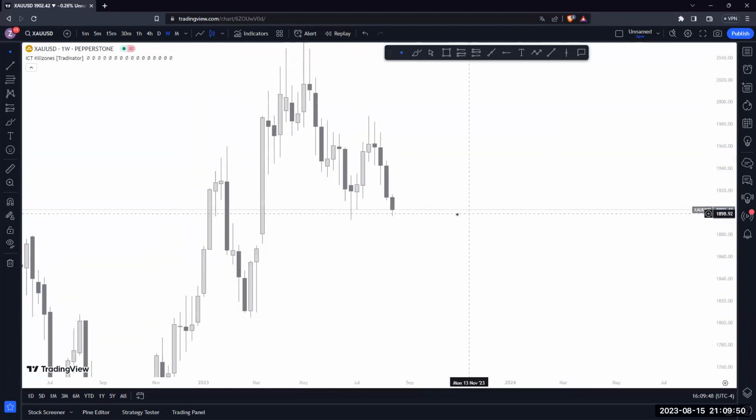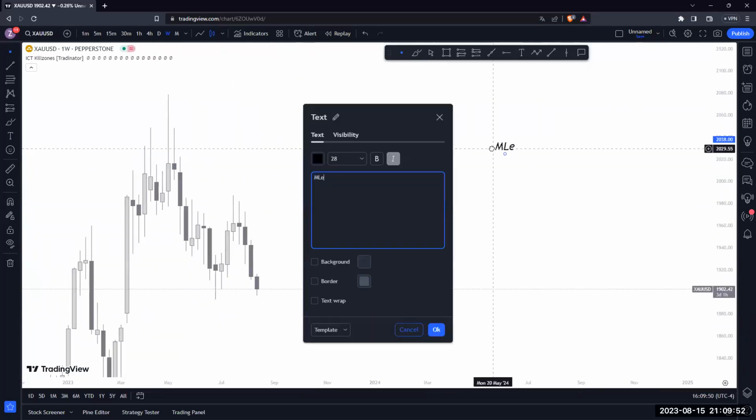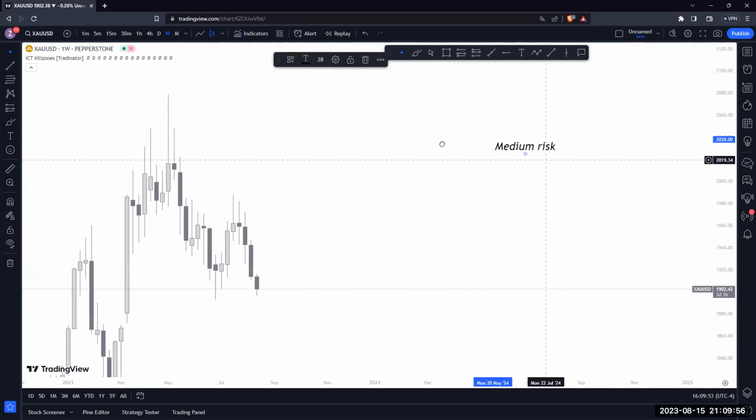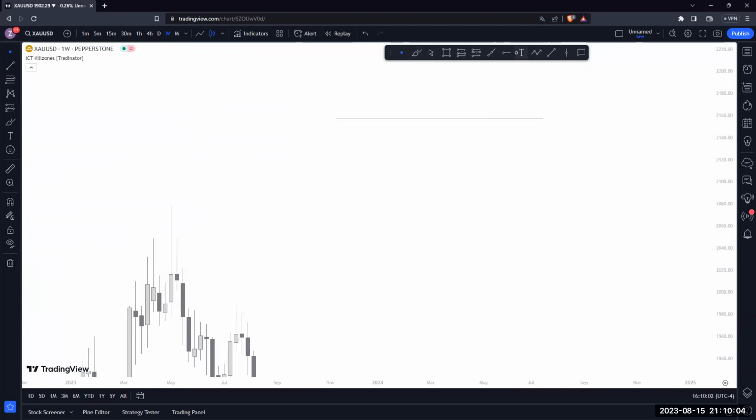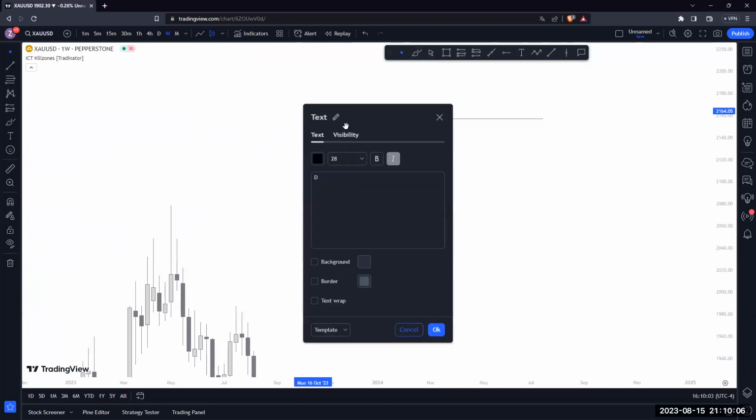All right. Now let's go to the medium category, medium risk. In medium risk, you're going to have the rejection entry. I told you the storyline has rejection and the breakout.